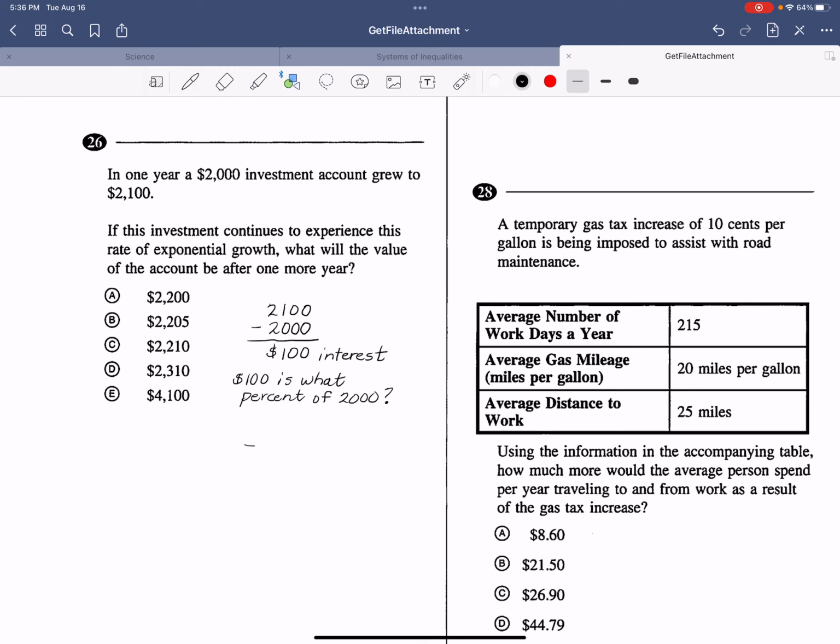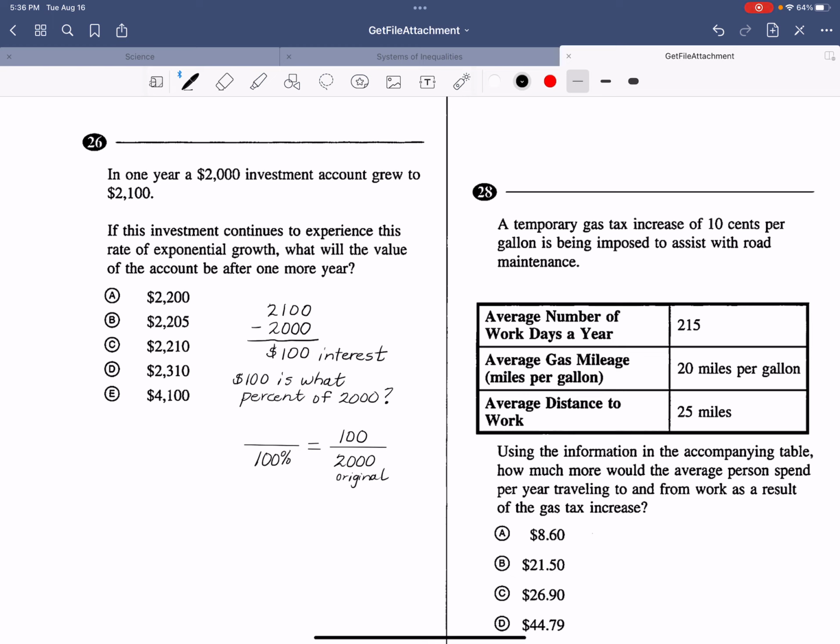So you can set up a percent problem, however you do those. I like the proportion. So I'm going to put my 100% down here. My part is 100 and my whole is $2,000. You always want to use your original amount here.